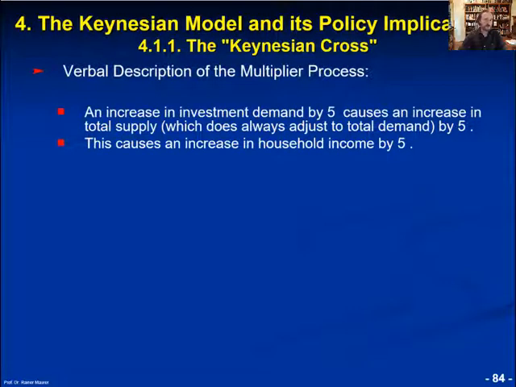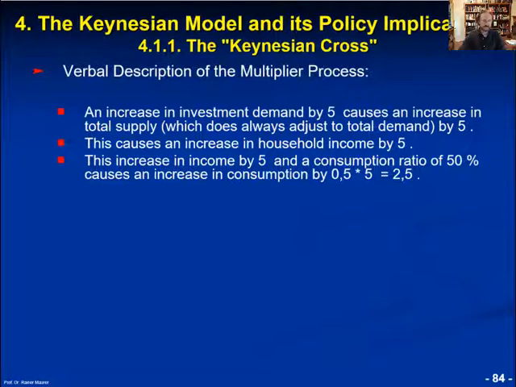This causes an increase in household income by 5. This increase in income by 5 and a consumption ratio of 50% causes an increase in consumption by 50% times 5, which is equal to 2.5.